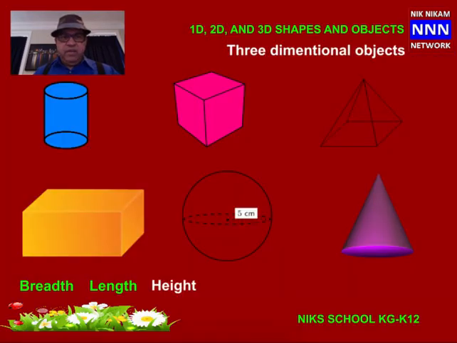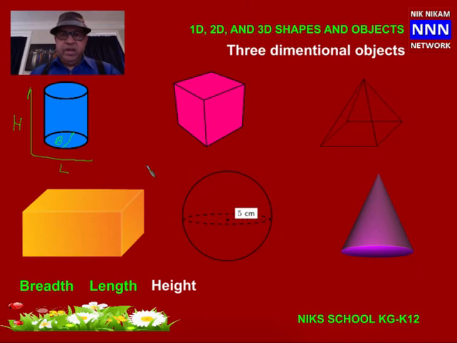Okay, now we're going to switch and go to the 3-dimensional objects. These are 3-dimensional objects because 3-dimensional objects have, here is the length, and here is the breadth, and here is the depth. So we have, like here we have breadth, length and height. This can be said as the height, and this can be said as the length, and this can be the breadth.